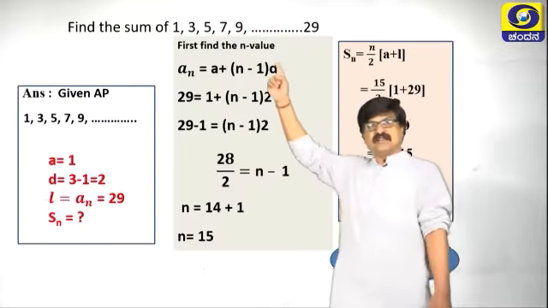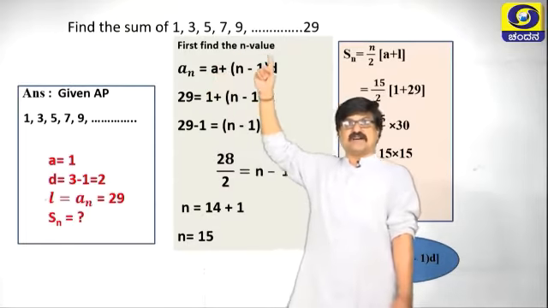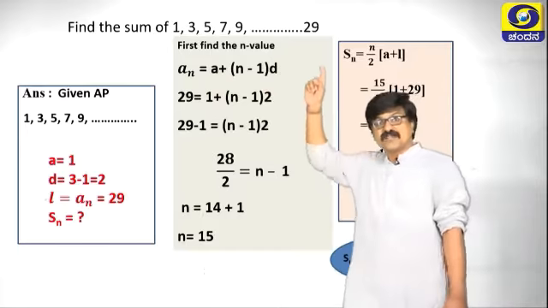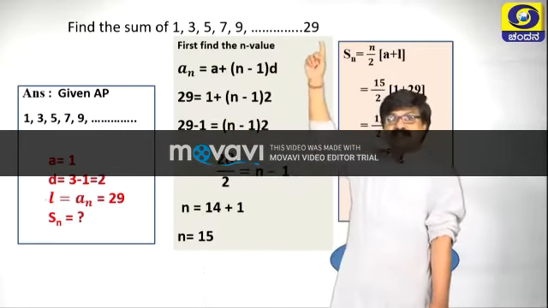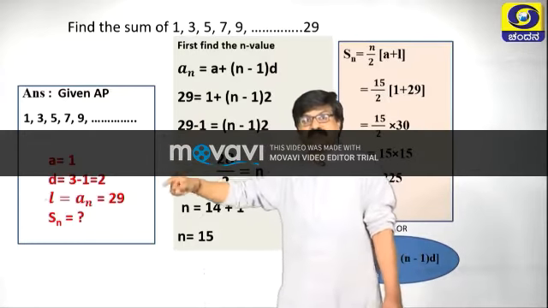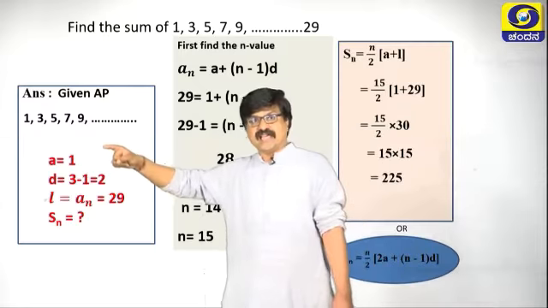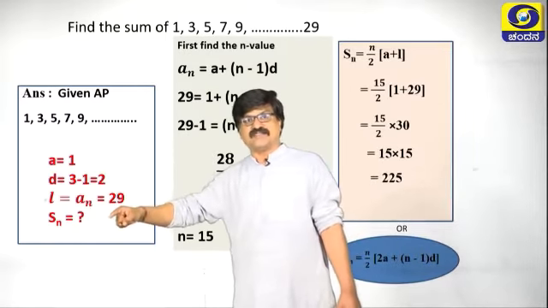Let us take the second problem. Find the sum of 1, 3, 5, 7, 9, up to 29. See, observe here, the AP is given, 29 is the last term. Here I am taking l as 29, a as 1, d as 2, and we have to find Sn.